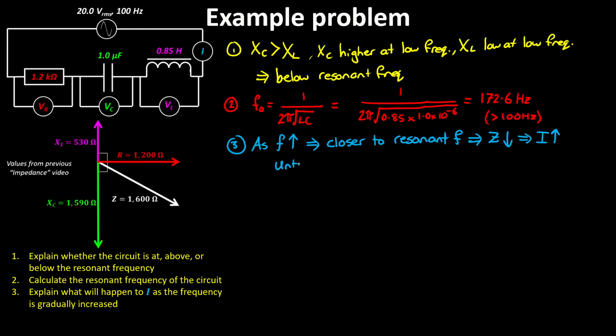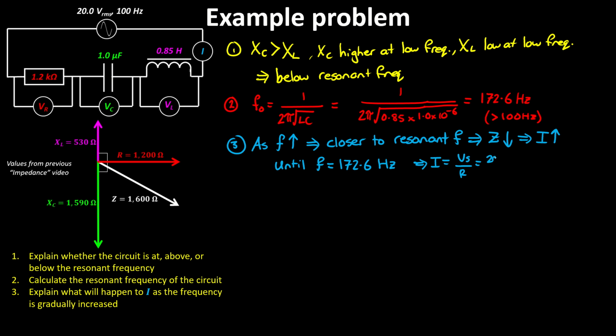Until we reach the resonant frequency, 172.6 hertz, okay? Once we reach that point, we can calculate what the current is, which would just be the supply voltage divided by the resistance.